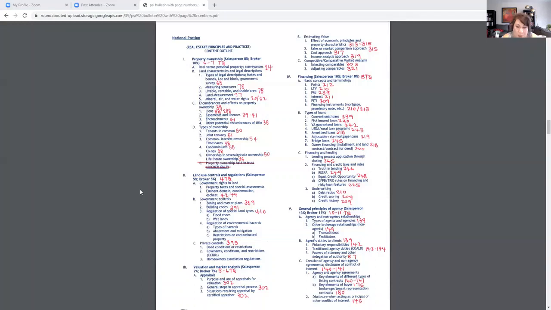Another great word, those private controls for deed restrictions. They're item C under land use controls. Another great term for you to know is those conditions, covenants, and restrictions. Those are CC and Rs. That's the packet you get when you buy one of these properties.